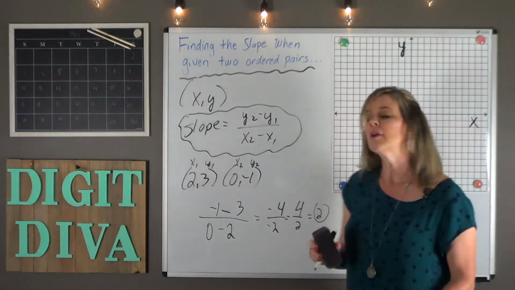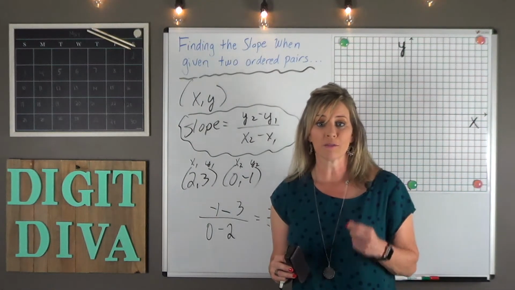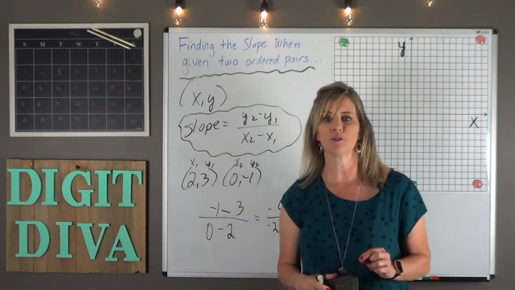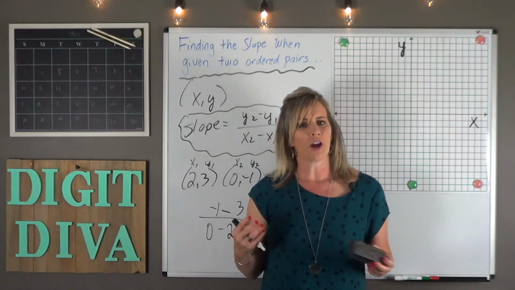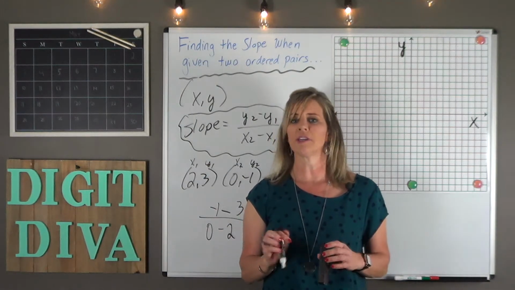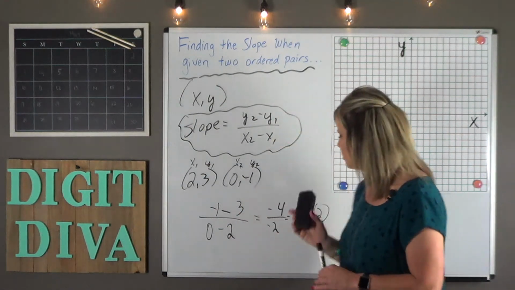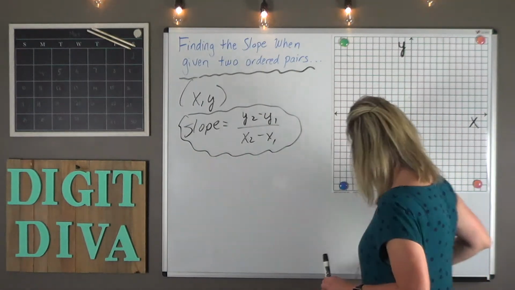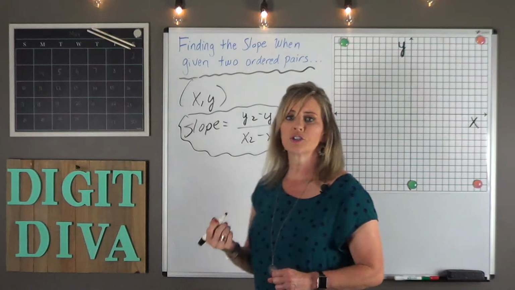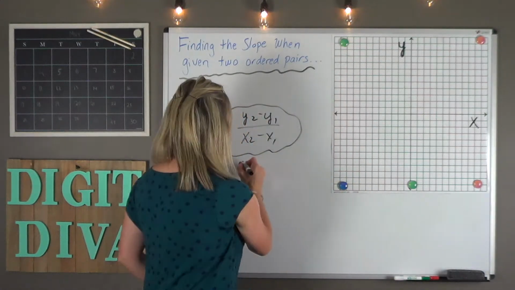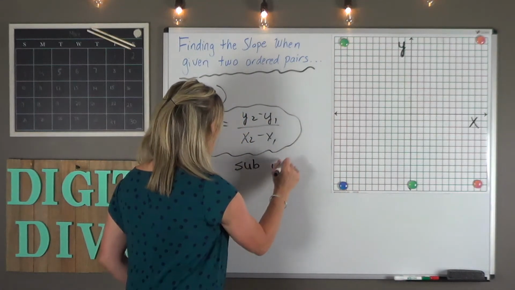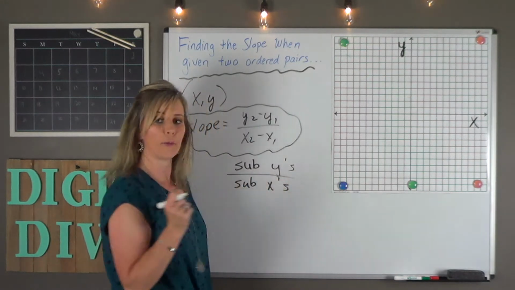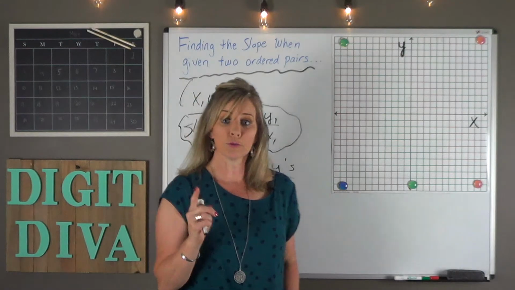But remember that I told you that some of my students get confused with the y2 minus y1 divided by x2 minus x1. That always confuses them because it seems really, really official. So what I like to do is simplify that by saying, let's just subtract our y's on top, and we will subtract our x's on the bottom. But there's a rule to it.